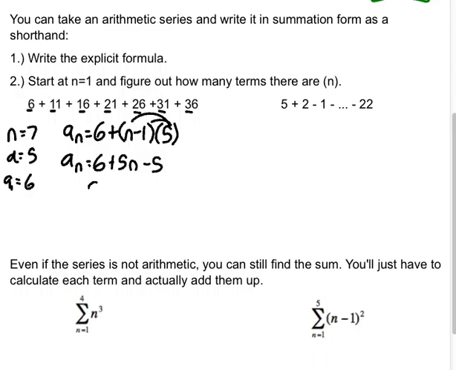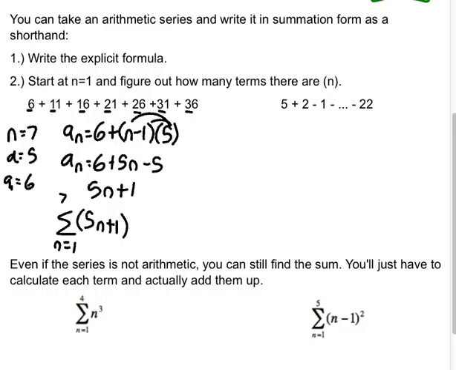So we get 5n plus 1 as our explicit formula. So what does that mean? Well, in my summation, I'm starting at 1, going up to 7, and my explicit formula is that.